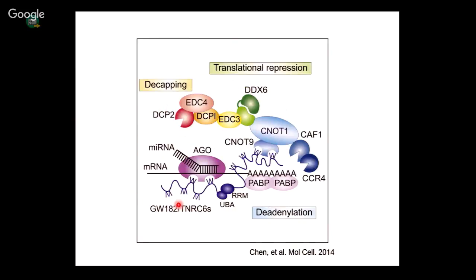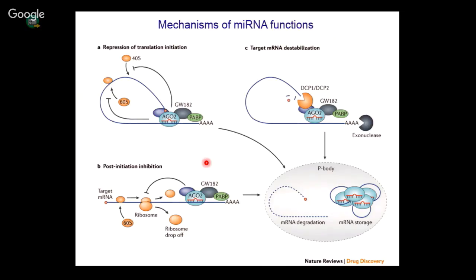It kind of links all the RNA quality control or RNA decay complexes, and DCP and DDX6 and AGO are all localized at the P-body for RNA processing, RNA storage and decay.